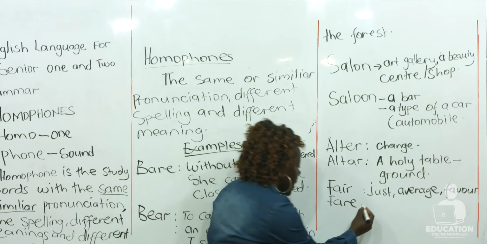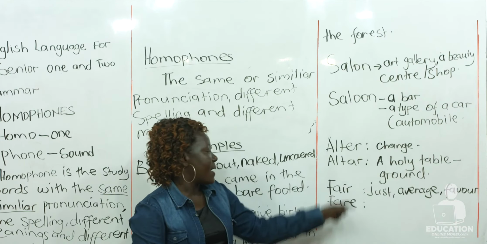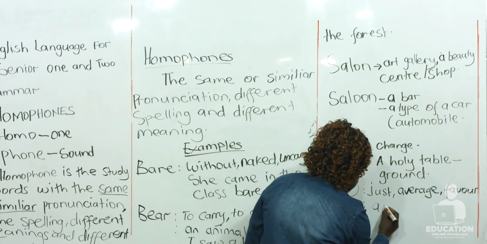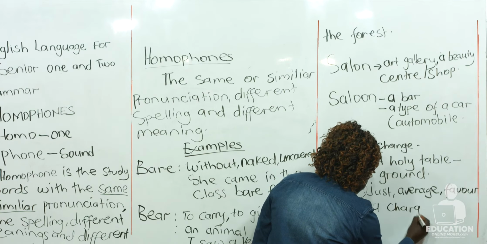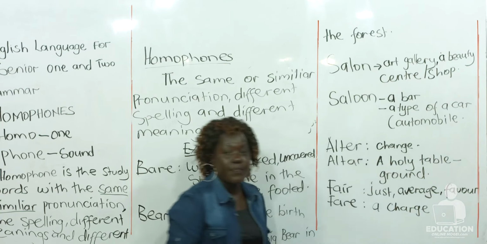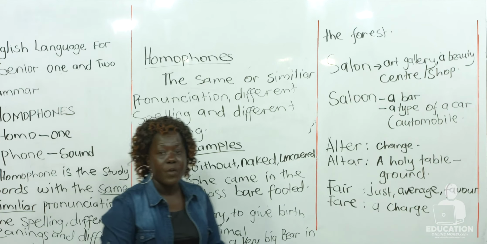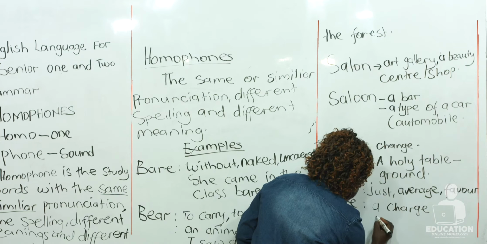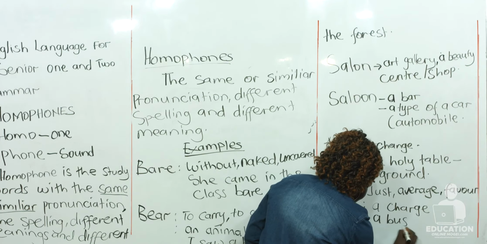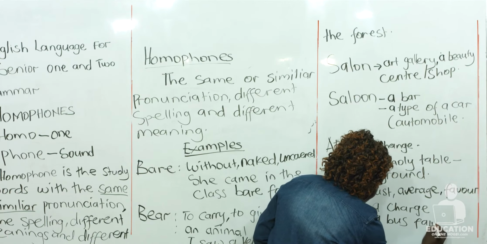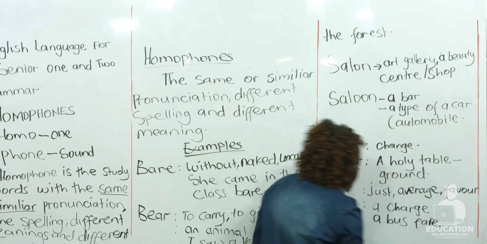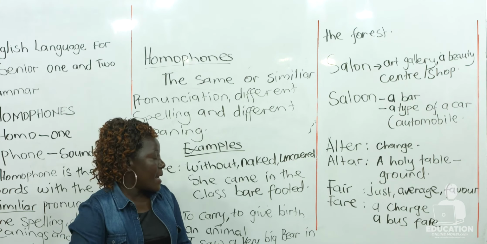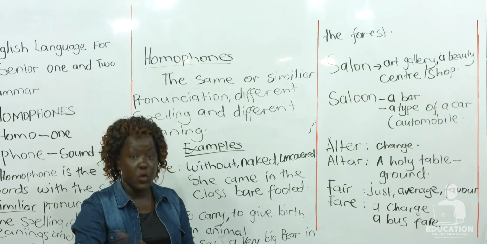This one. Then the second one, with E, without I, means a charge. For instance, you can say, what is the bus fare from Juba to Khartoum? Like bus fare. It can also mean a state of saying goodbye.